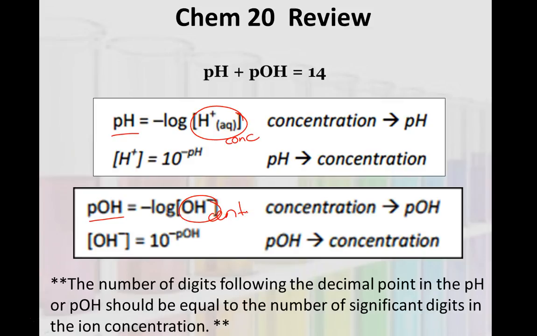And if you need to figure out either the hydronium ion concentration or the hydroxide ion concentration, it's 10 to the negative pH or pOH. If you remember anything from Math 30-1, Math 30-2, base 10 and logs, 10 to the power of and log are reciprocals of each other. So the formulas do mathematically make sense.